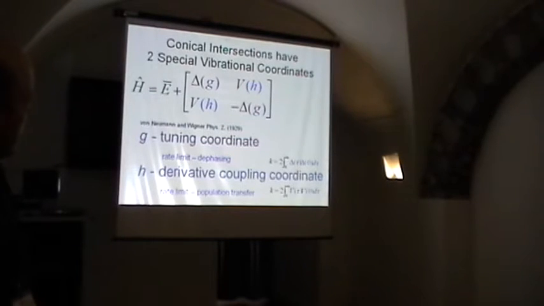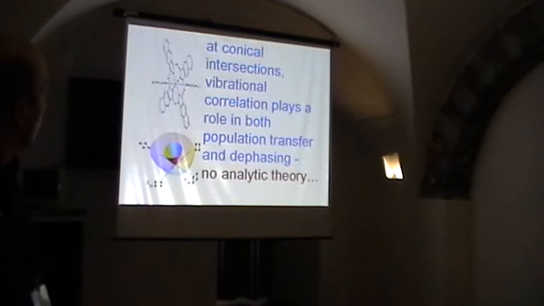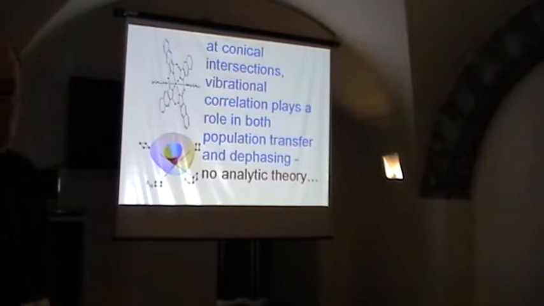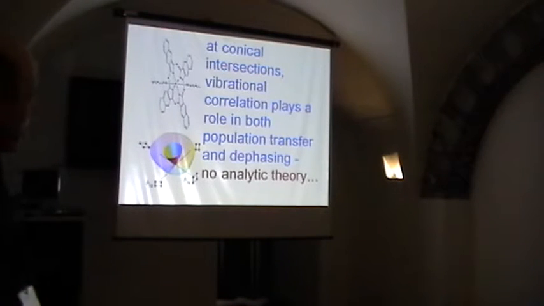And in a rate limit, Redfield theory again, this turns into a rate for population transfer. So at a conical intersection, however, vibrational correlation plays a role in both population transfer and dephasing. There's no analytic theory that works in the Redfield way.